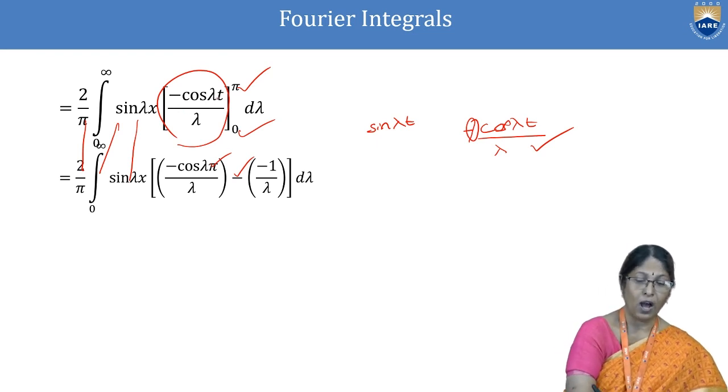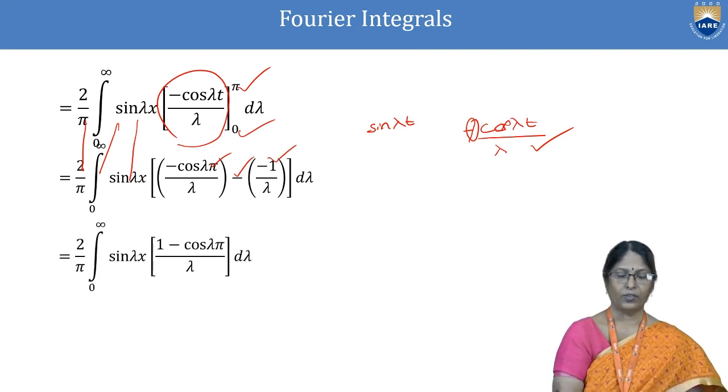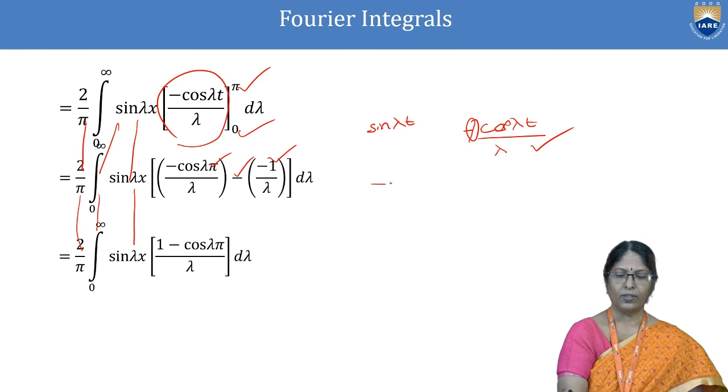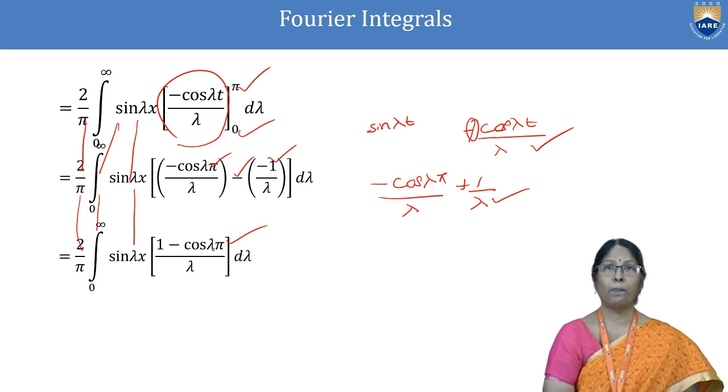So minus cos 0, the value is 1, so minus 1 by lambda. The next step, as it is 2 by pi, integral 0 to infinity, sine lambda x, minus into minus plus 1. This takes the position: cos lambda pi by lambda, minus into minus plus 1 by lambda. In short form it is written as 1 minus cos lambda pi by lambda d lambda.